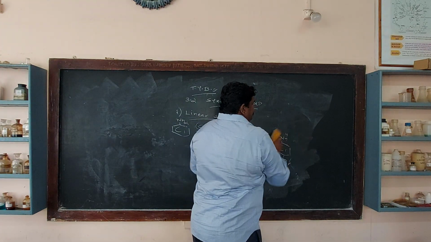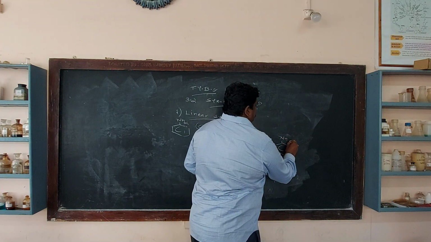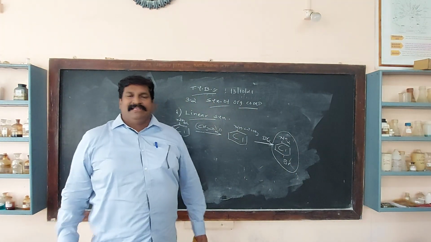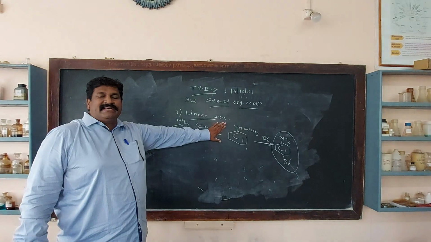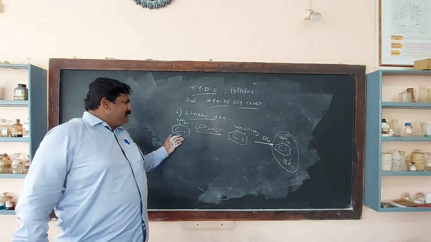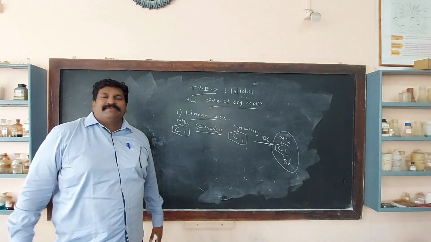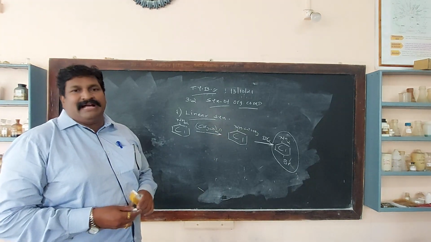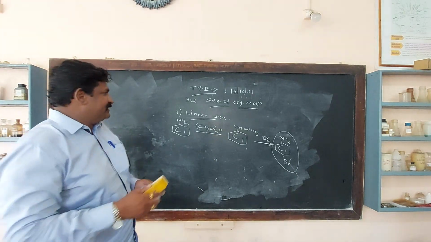So D is finally the formation of para-bromoaniline, an example of linear synthesis. It is a series of single step reactions. Okay, preparation of para-bromoaniline, example of linear synthesis.